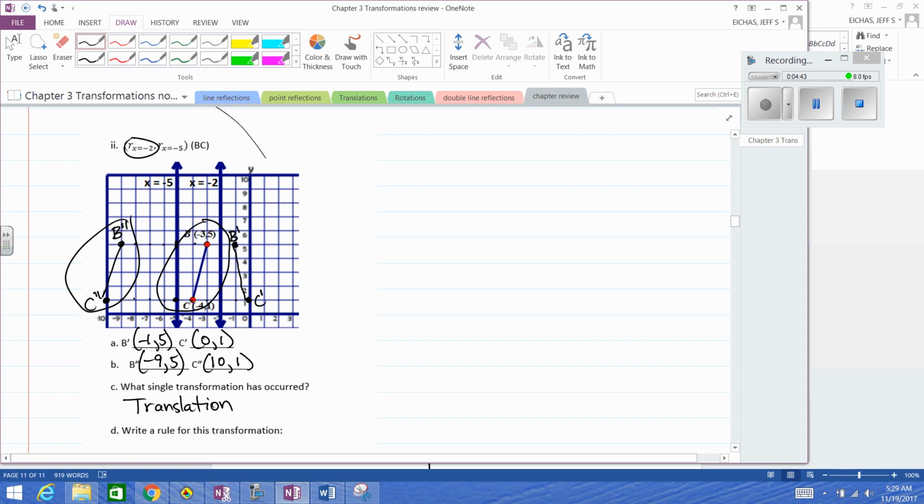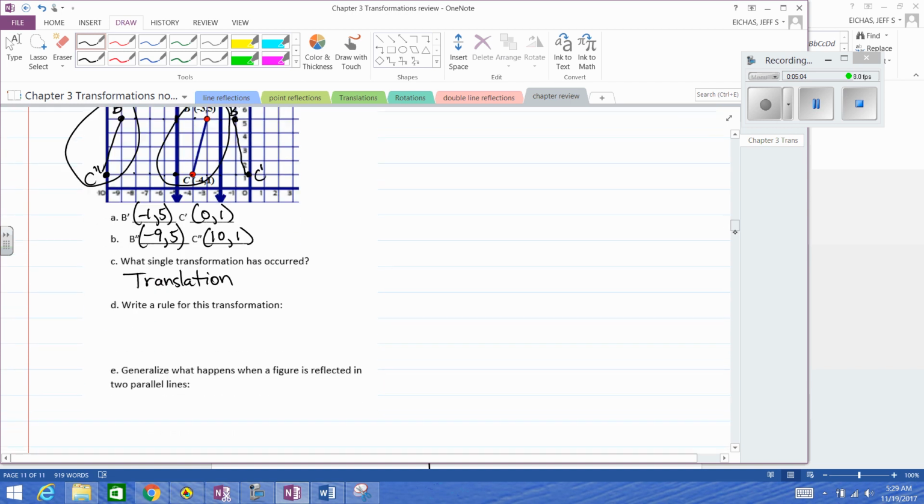Again, perpendicular to the 2 lines is the direction that the translation is going to take, and the distance is going to be double this distance here. So if the distance between the two parallel lines is 3, it's going to be a translation of 6 units. And it looks like 6 units to the left, nothing up and down.